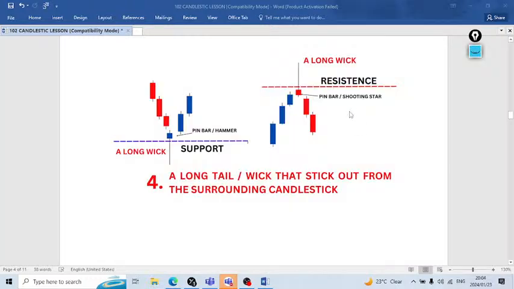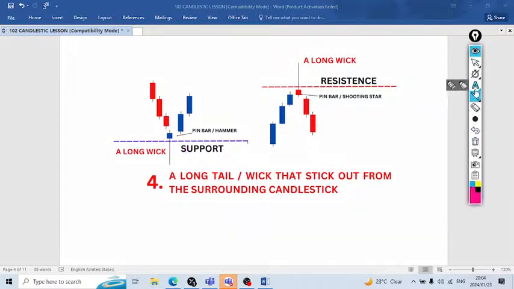Another feature is that the long tail or the wick must stick out of the surrounding candles. When we look at this bullish pin bar, the wick must stick out of the surrounding candles. It must stick out like here. It is on its own. Basically, that's what I'm trying to say.